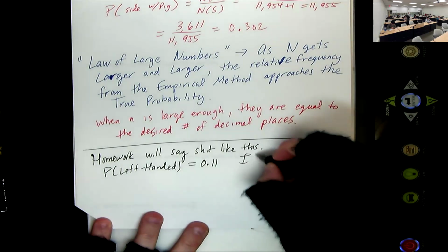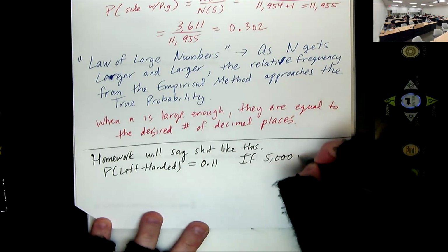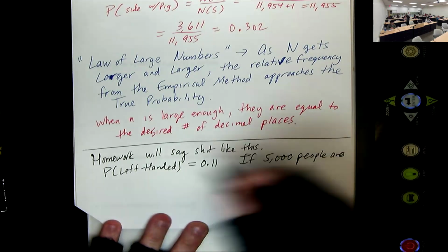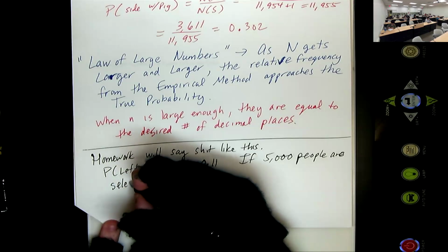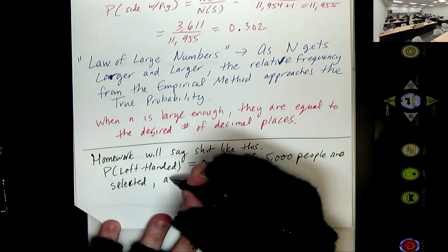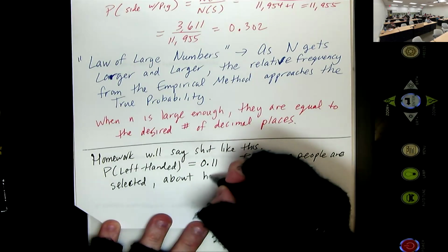If 5,000 people are selected, about how many can we expect to be left-handed?